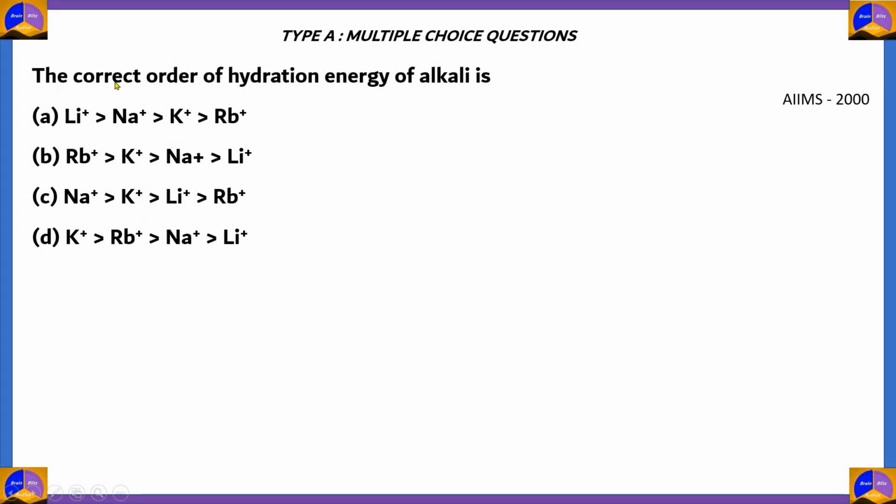Let's look at this question. The correct order of hydration energy of alkali metal ions is Li plus greater than Na plus greater than K plus greater than Rb plus, and we have other combinations. Now we need to find out which of these is the right one. So how do we connect the hydration energy with the alkali metals? The hydration energy is inversely proportional to the size of an ion.